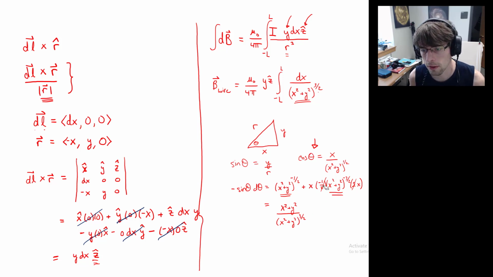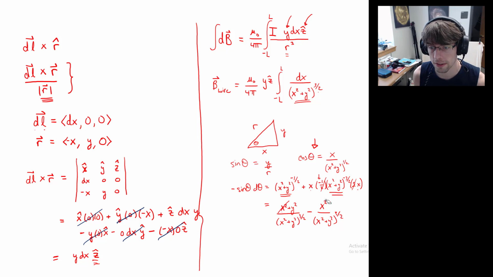And don't forget the negative sign, my classic negative sign drop. So there's a minus right there. We have x squared, the x and the x, divided by x squared plus y squared to the 3/2. Now you can see the value of having the common denominator. Oh goody, I have an x squared minus an x squared.